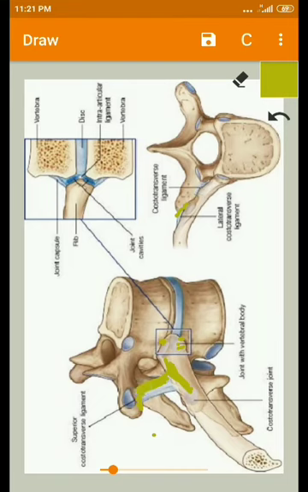The posterior layer of the superior costotransverse ligament connects the posterior aspect of the neck of the rib.